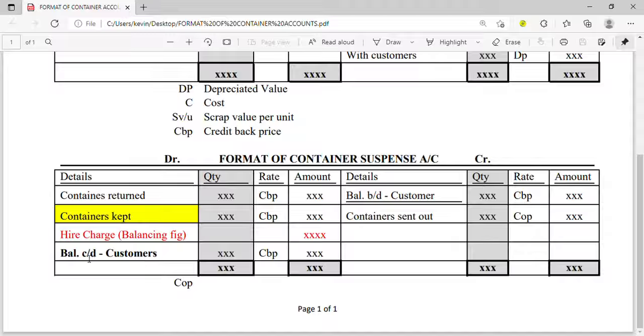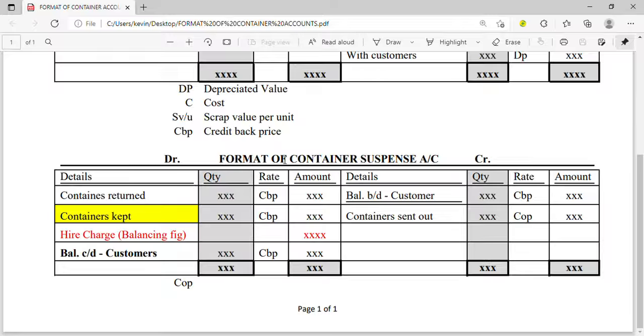Then the closing figure, the number of containers in the hands of the customers at the end of the period. Quantity times the credit back price, we get the amount. And if the credit side is greater than the debit side, we get the hire charge profit or the hire profit.